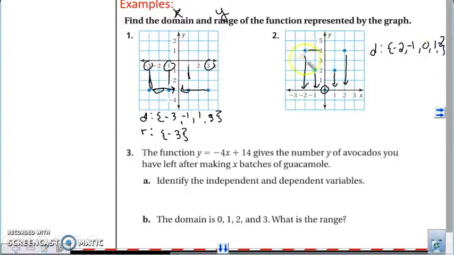So we're squishing all of these points onto the x-axis for domain. Okay, for range, now we're going to squish all of these points right here onto the y-axis. So if we squish them onto the y-axis for the range, this is what we would get. Range is the set 0, 2, and 4.